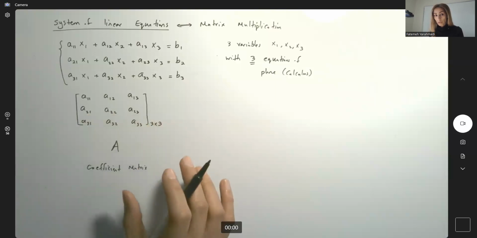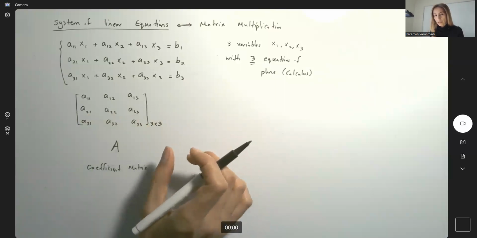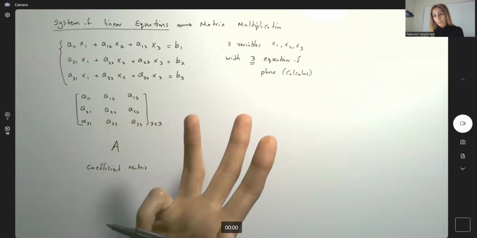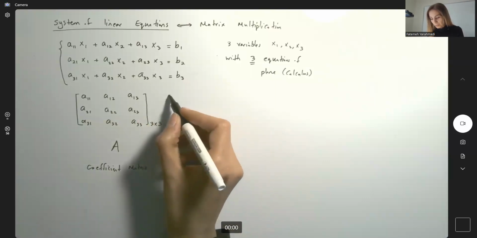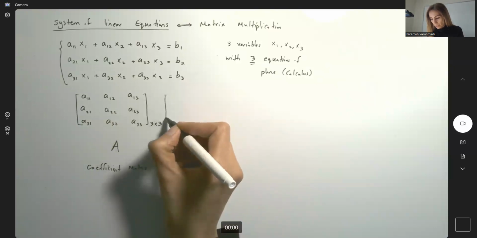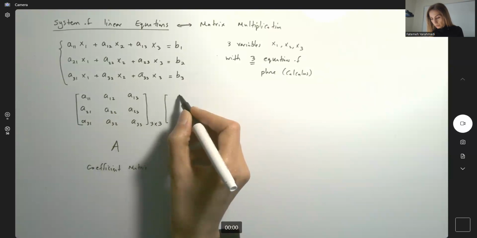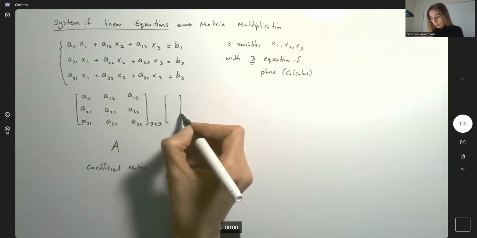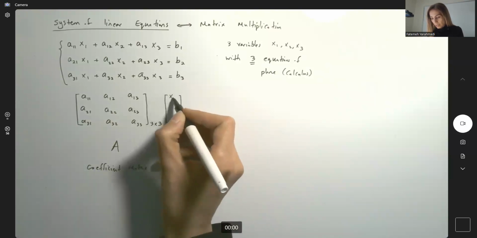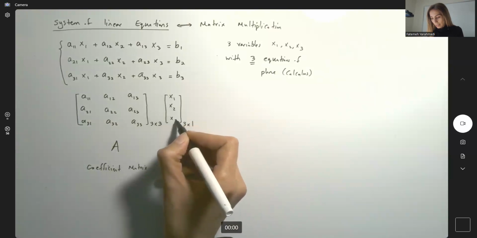So if you want to multiply this by a new matrix representing the variables, that matrix must have 3 rows. Since you have just 3 variables, it's going to be a column matrix, a 3 by 1 matrix, x1, x2, and x3.